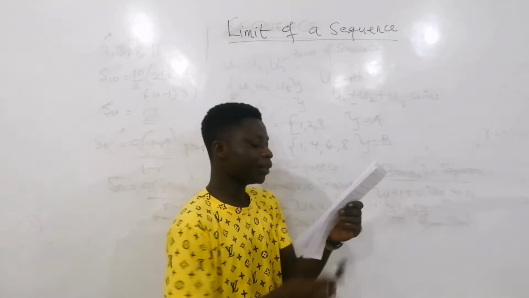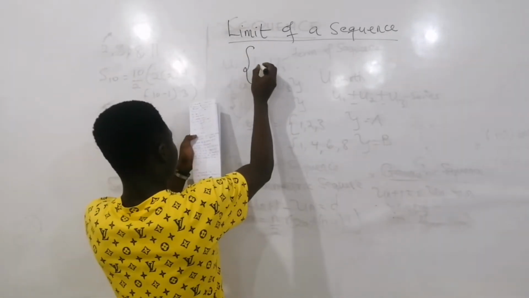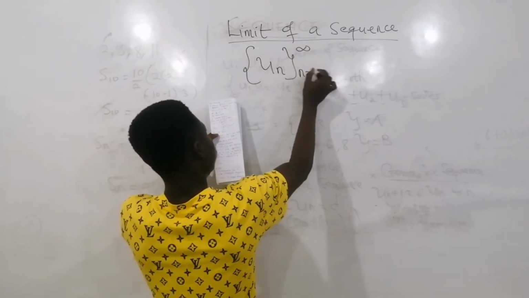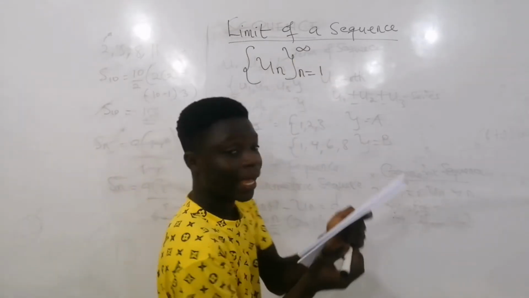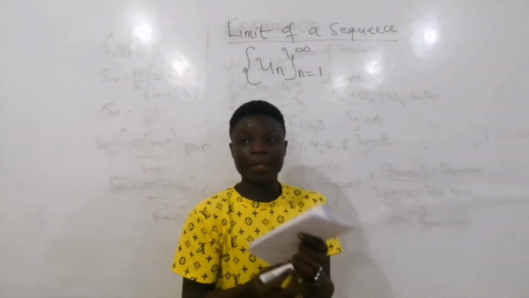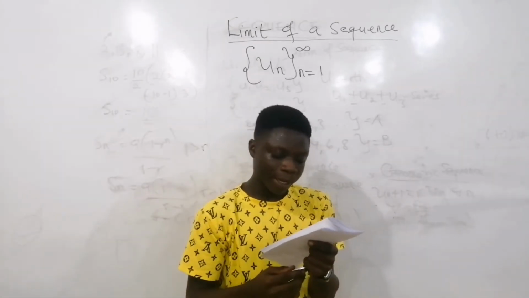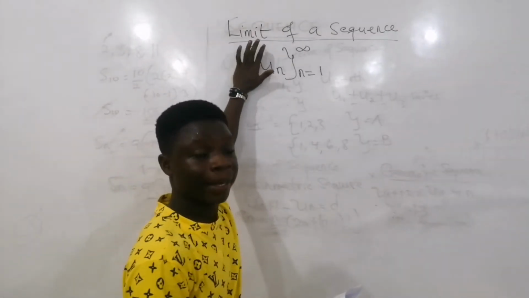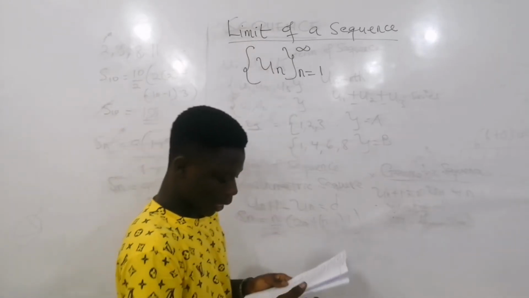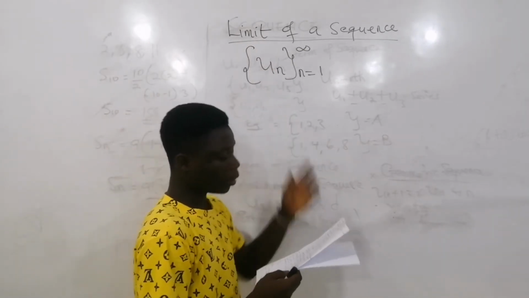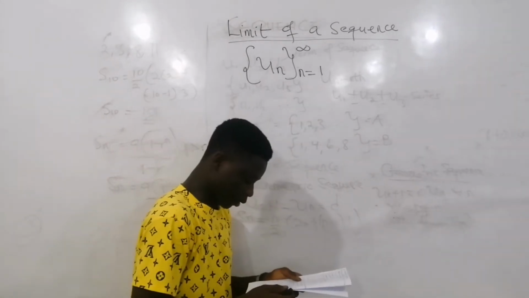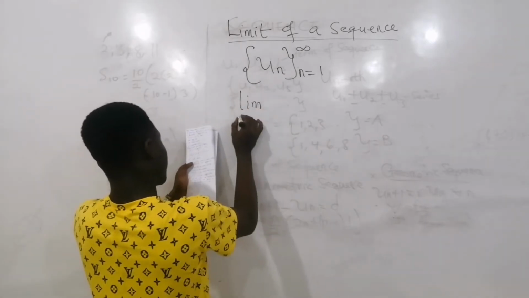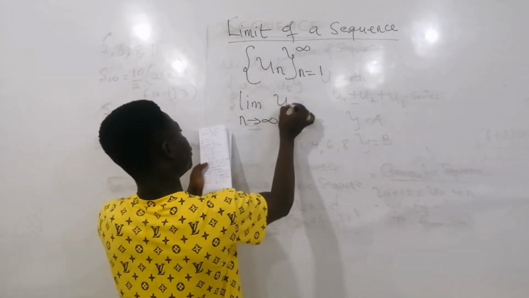An infinite sequence un is said to have a limit of L as n approaches infinity if un can be made as close to L as we like. So it means this is an infinite sequence that is said to have a limit of L when n approaches infinity, right? For this, you can write the limit as n approaches infinity of un is equal to L.